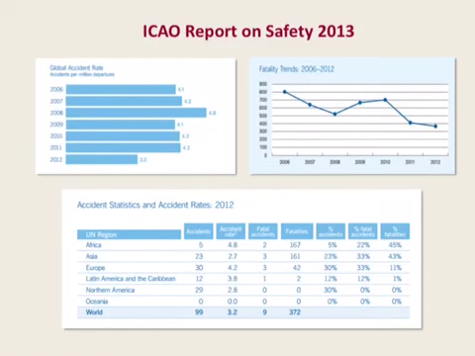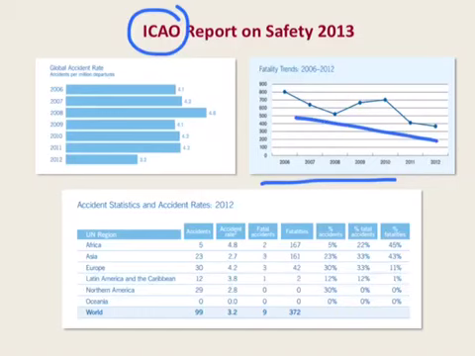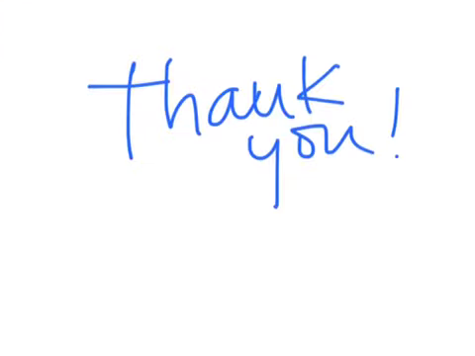The international organization ICAO also monitors and publishes reports regarding safety. And we can see the trends on these graphs, which have been somehow decreasing over the last few years. If we look at geographical regions, Africa and Asia are the world regions with the highest number of fatalities in 2012.